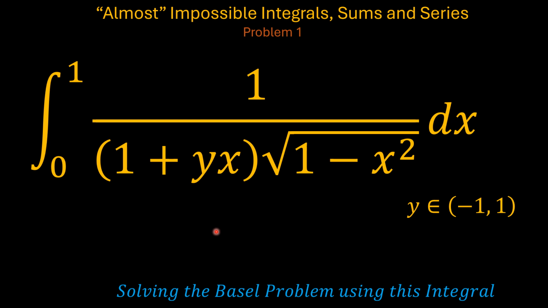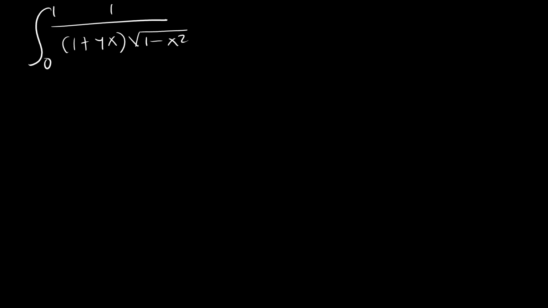So let's move on to the solution section of this video. We have this definite integral from x equals 0 to 1 of 1 over (1 plus yx) times the square root of 1 minus x squared, right?